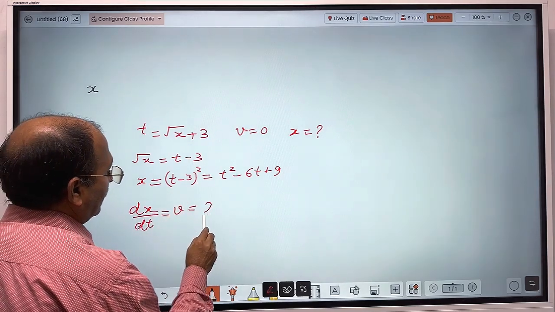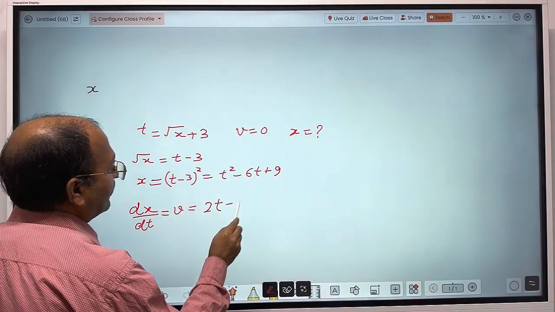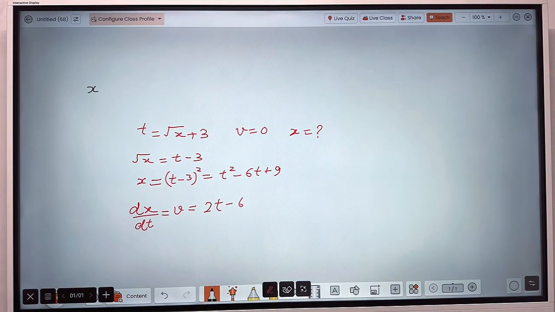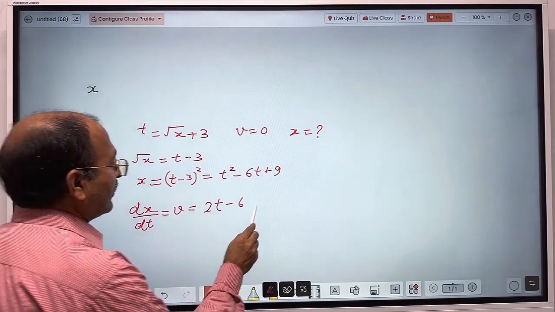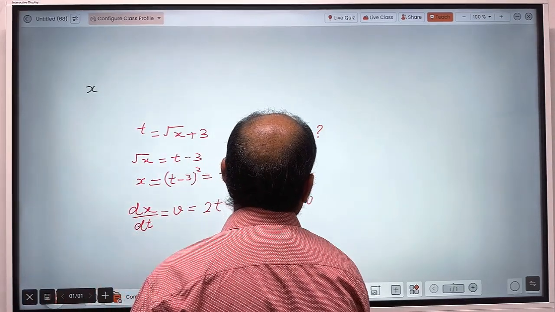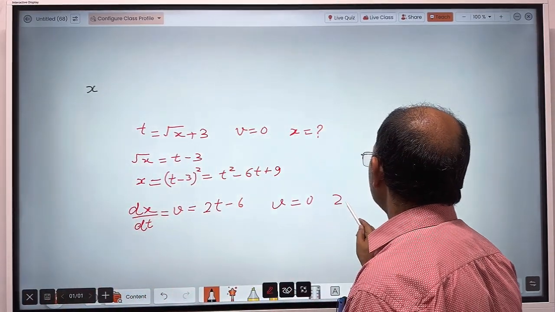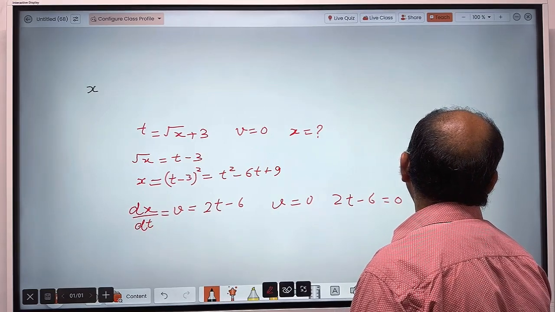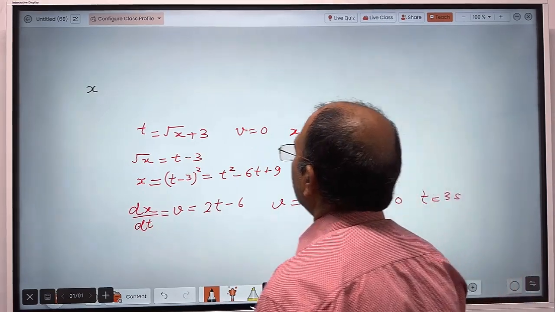So this will give 2t, and this t will become 1, so 6. In our question, it is given that velocity is 0. So we can put v equal to 0. When we put v equal to 0, this gives 2t minus 6 equal to 0, from where we get t equal to 3 seconds.